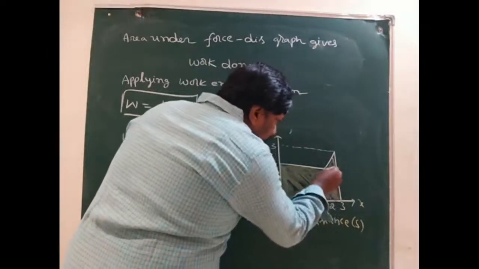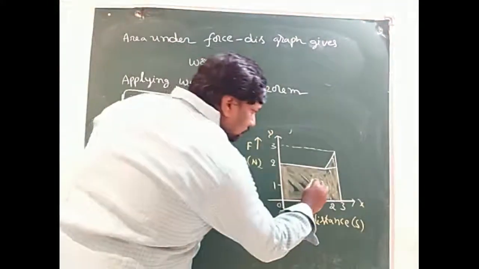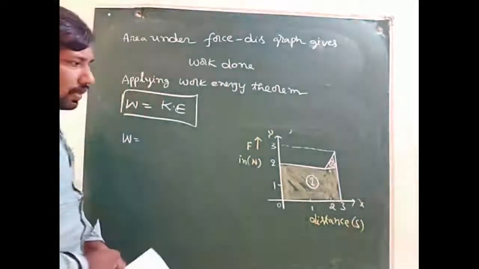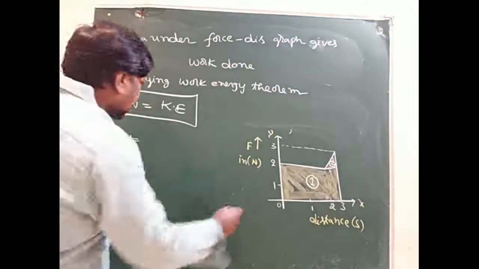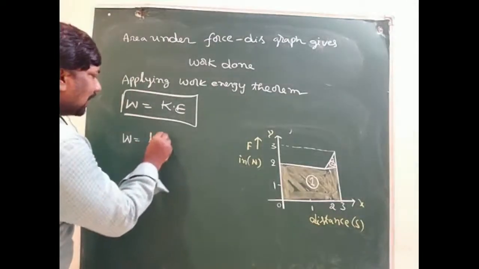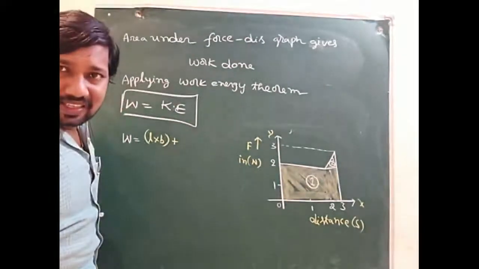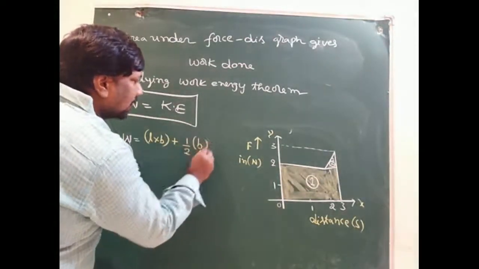This is the first part, this is the second part. In the case of the first part, the area of the rectangle is length into breadth, plus the second part is a triangle. So area of the triangle is half of base into height.